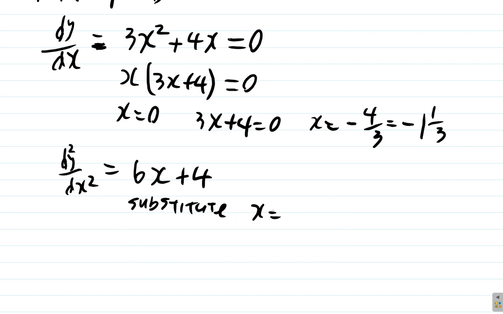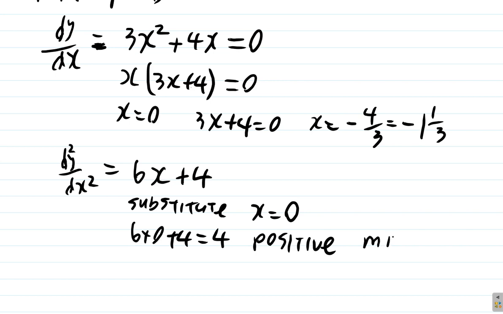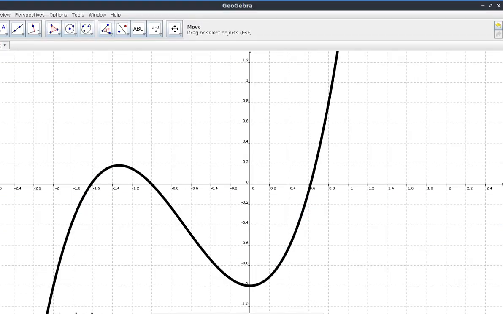If I substitute x equals 0, then 6 times 0 plus 4 is equal to 4. 4 is a positive number. So the fact that you have a positive value means that we have a minimum point. Alright? So we have a minimum point.